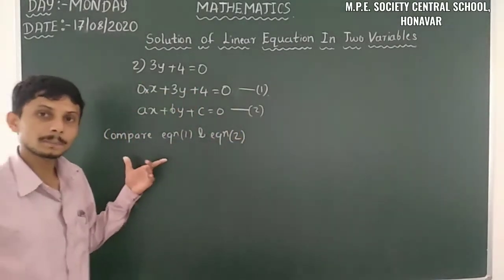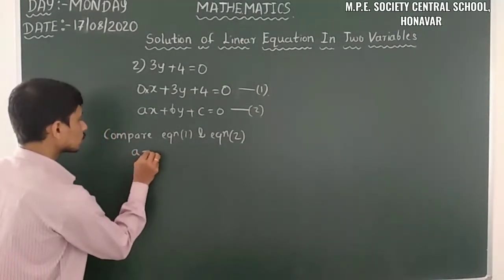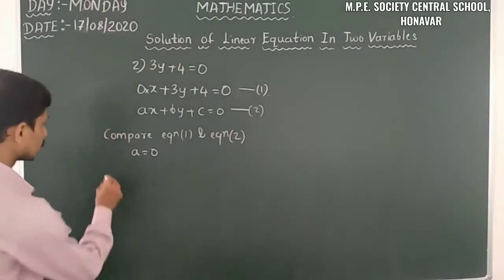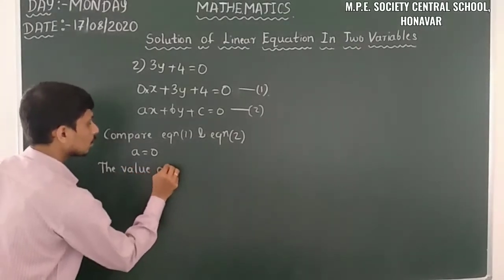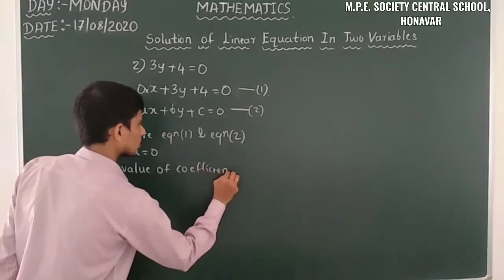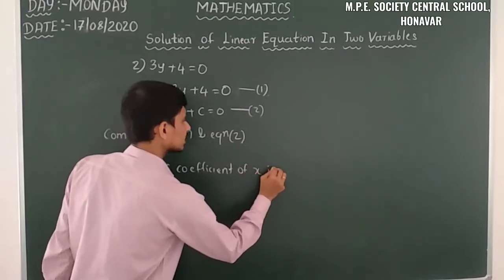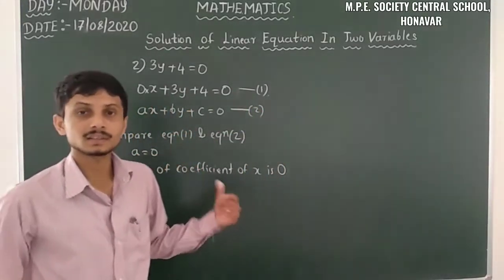So when we are comparing, we have to compare the coefficients. Here a is equal to 0. That means the coefficient of x is 0. So here the x term vanishes.